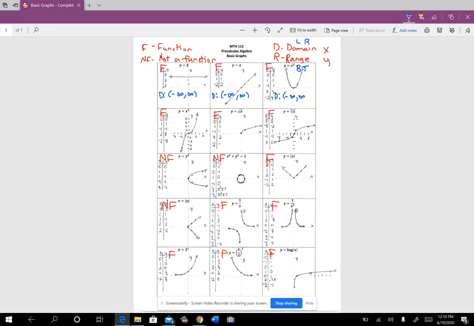We're looking at how this keeps going on up and out as it goes, so you would have an ordered pair with an x way out here. The domain would be all reals on that. This one would be all reals. Okay, that one would not. This one would be. The one below it would be.